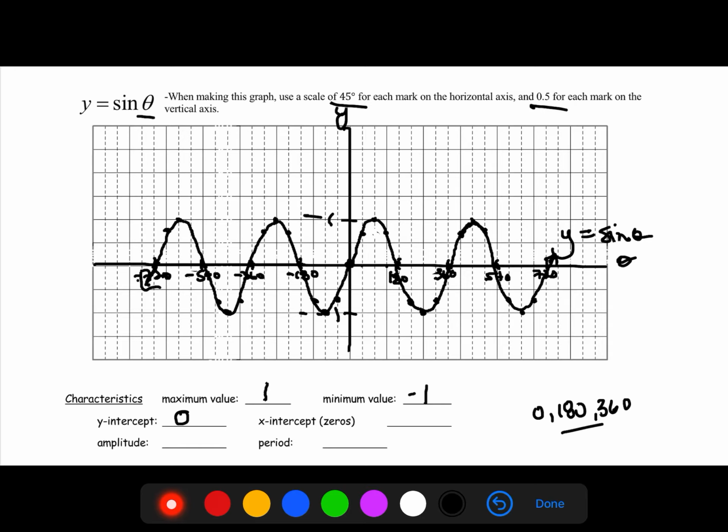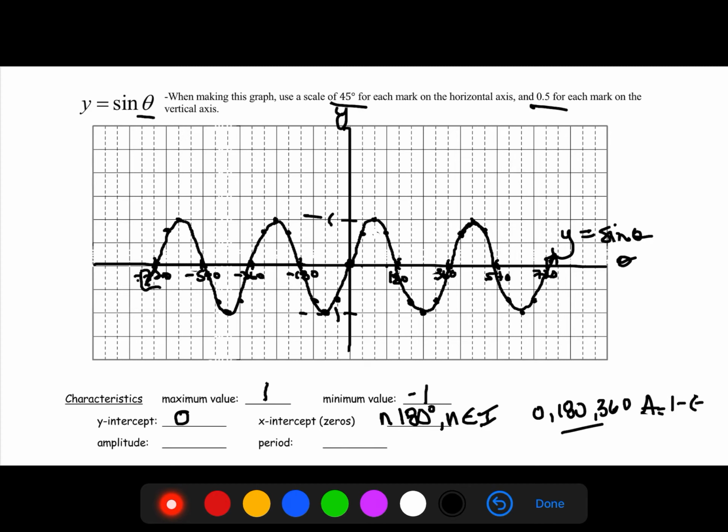Then we have 180, 360. So we can see that it's happening every 180. So we can state that as n times 180. We just have to make sure that n is an integer. So we can't put in a half. We are talking about a full 180 every time that it comes back to 0.